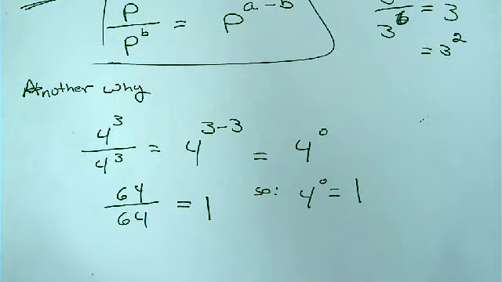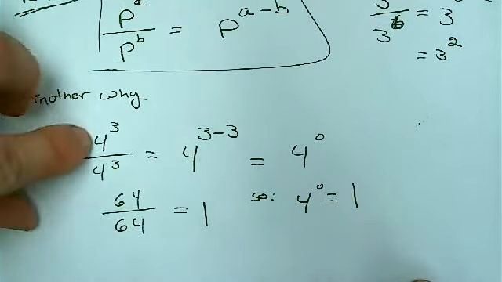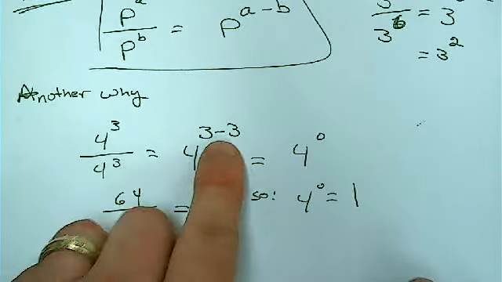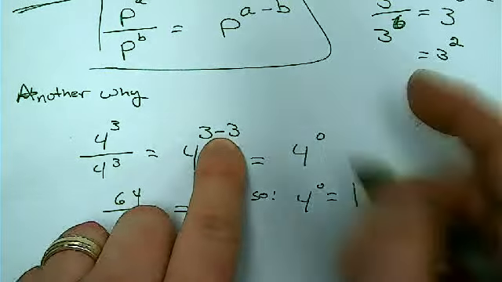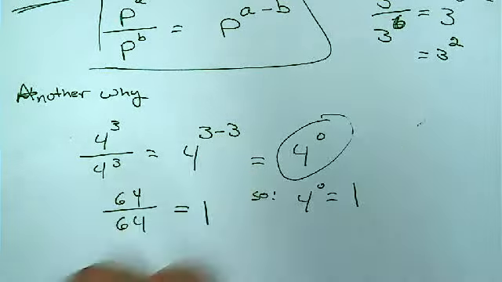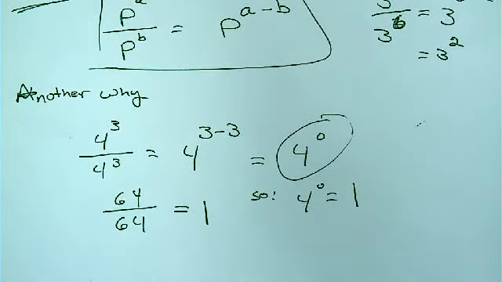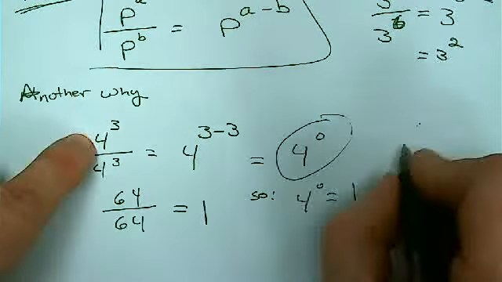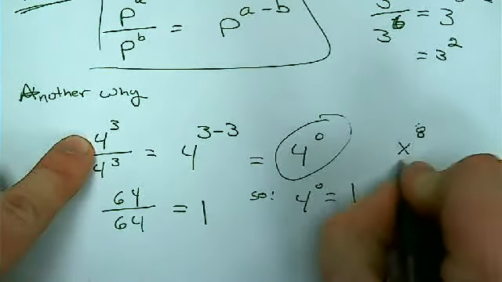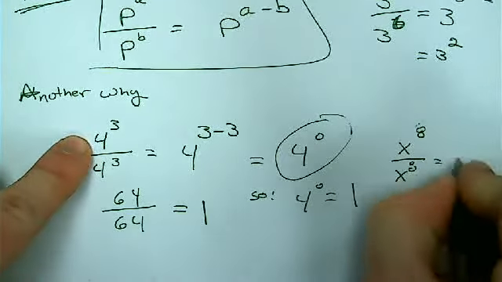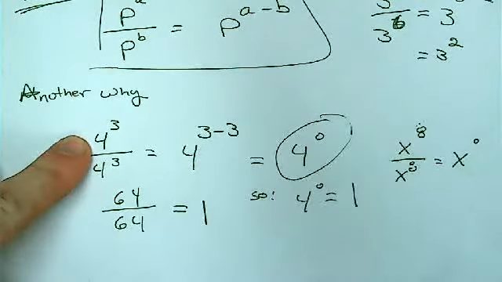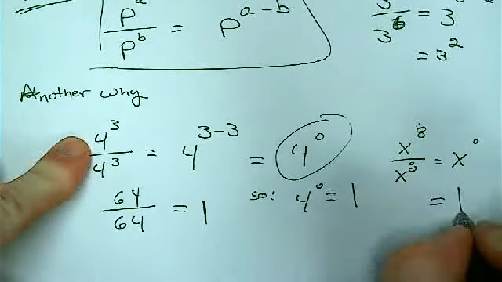Well, remember the rule that we just talked about is, if you divide two things with the same base, you subtract their exponents, right? Well, remember we talked about this 0 power rule, that anything to the 0 power is 1? Well, if I take anything, x to the 8th, divided by x to the 8th, that would be x to the 0, right? But anything divided by itself is 1.